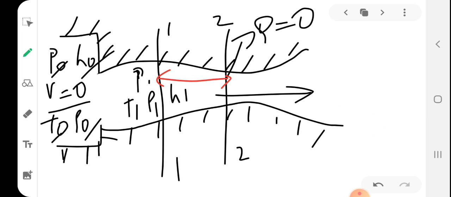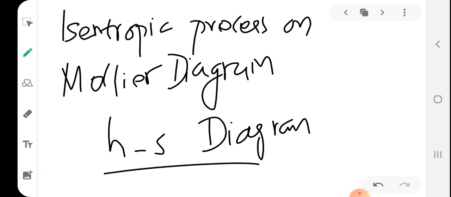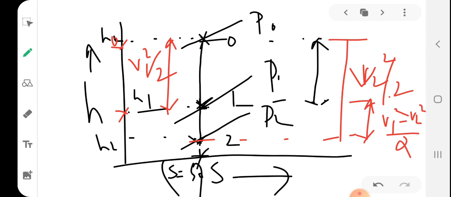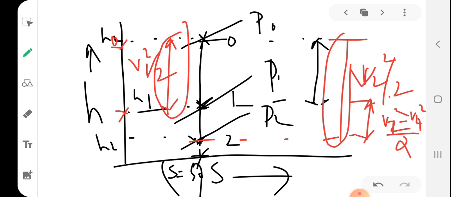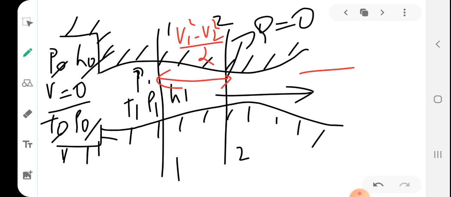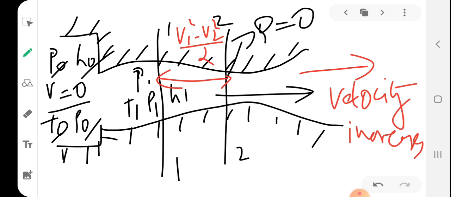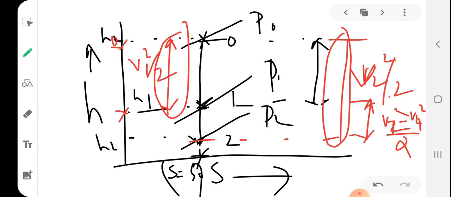The difference between enthalpy 1 and 2 is nothing but V2 square minus V1 square by 2. V2 square is higher, V1 square is lower, because towards the downstream direction, velocity is increasing. Velocity increases. Therefore, V2 square is higher. So this is V2 square minus, I will show you once more.